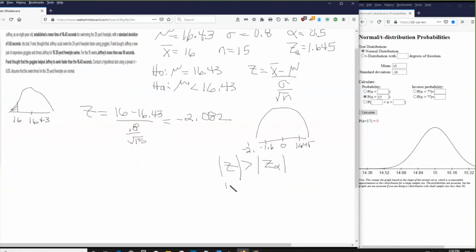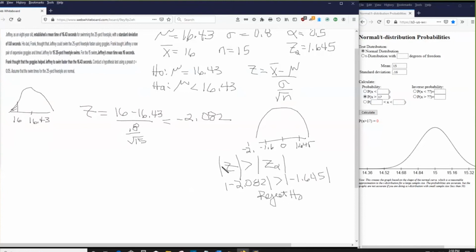So if I have the absolute value of a minus 2.082 and compare that to the absolute value of a minus 1.645, we're going to see that that is greater. So we're going to reject the null hypothesis. So if you can remember just to use the absolute values, that's going to be easier.